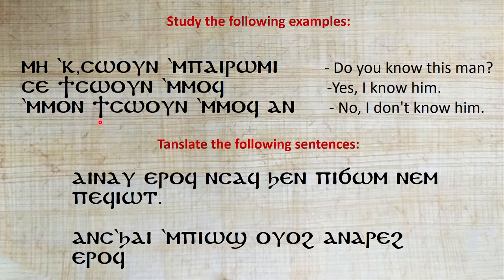Emmon, no. Di saun, I know. M of, him. An, not. So the order is going to be like that. No, I know him, not. Okay, not like English. So emmon di saun em of an: no, I don't know him. Good.